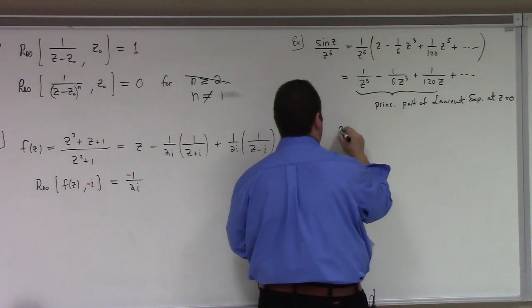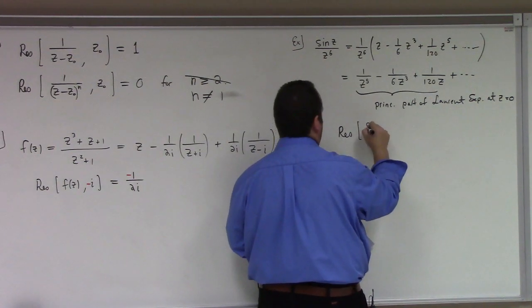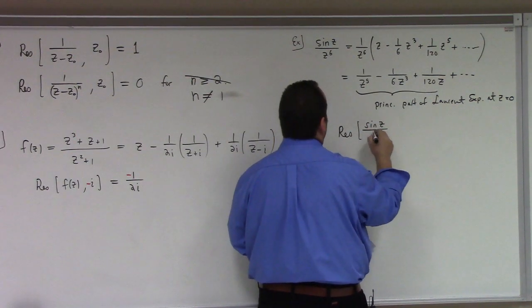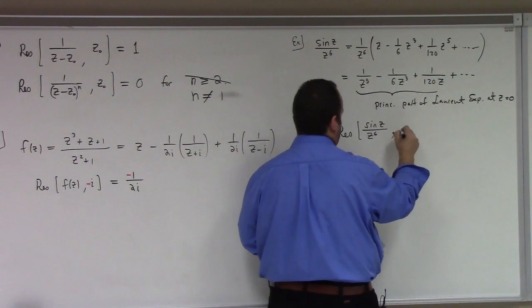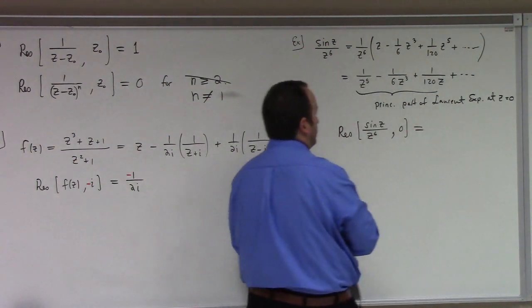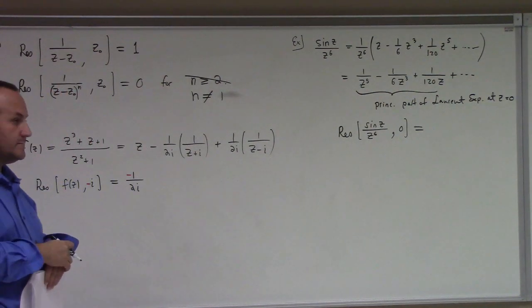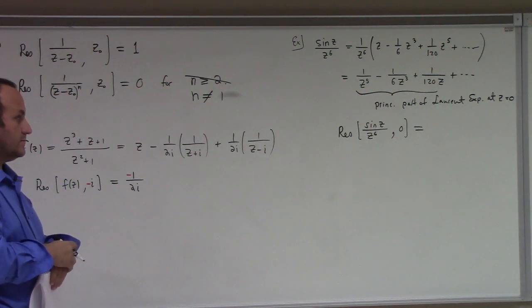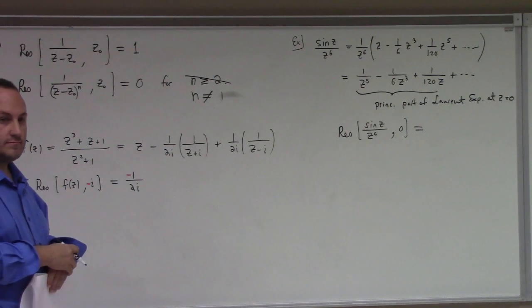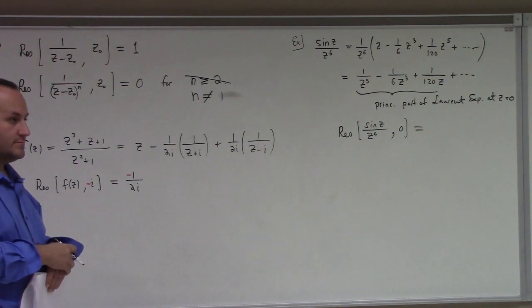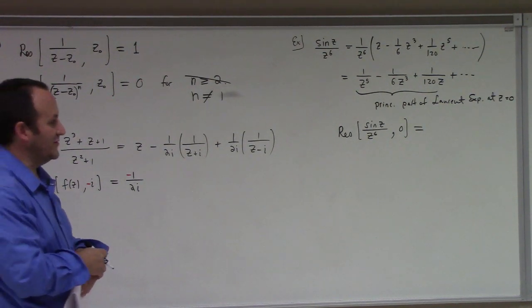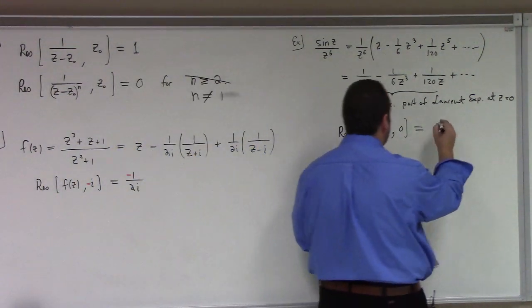Anyway, the larger point here is what's the residue of sine of z over z to the 6th at 0? One over 120, right? It's not complicated.